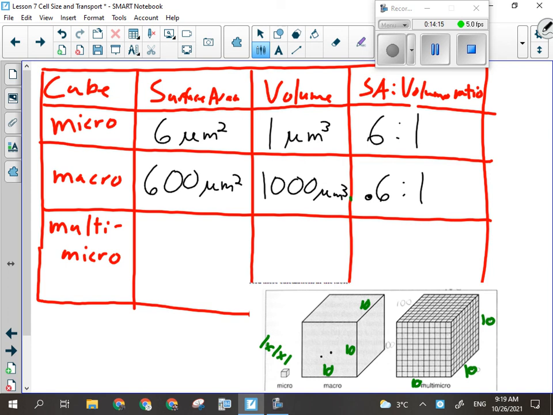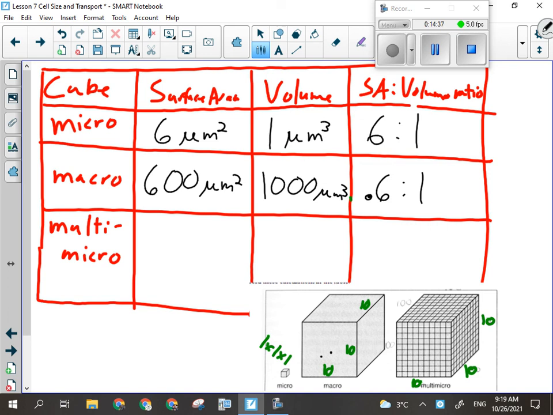All right, now we need to look at multi-micro. Here's the thing we need to understand about multi-micro. It's a multicellular organism made of many little cells. In fact, 1,000 of them. So in this box, in multi-micro, which has the same dimensions as macro, there's not one cell, there are 1,000 cells.